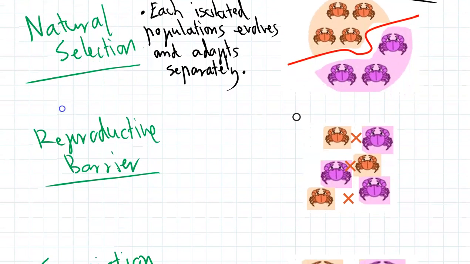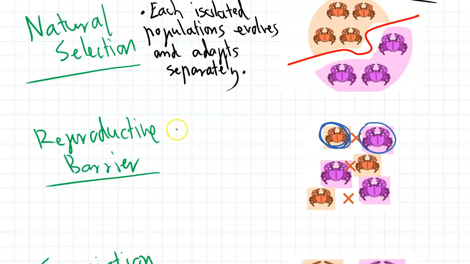But if enough time passes now, there'll be some kind of barrier that's stopping these two different types of crabs from breeding. So even if we brought together a purple swimmer crab and an orange one, some kind of barrier is stopping them from breeding. It might be they won't breed because of their colours. Maybe they don't recognise each other as the same species.